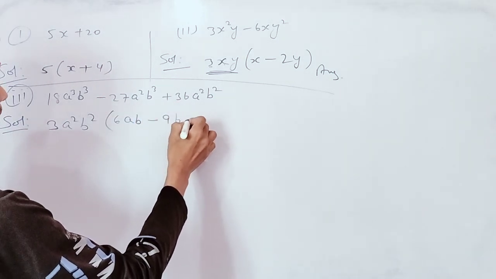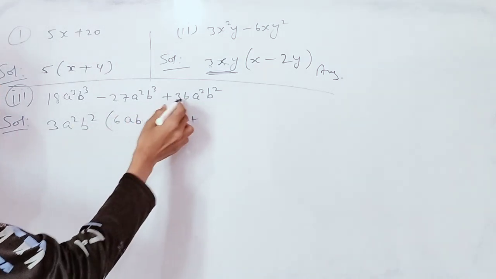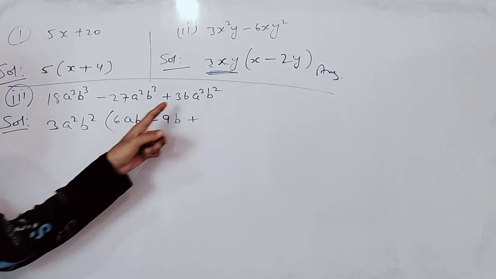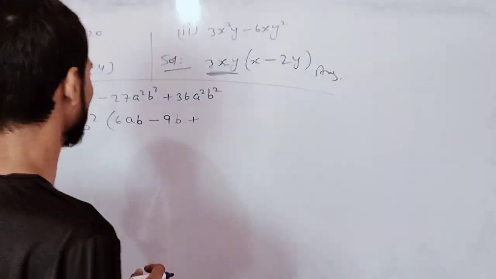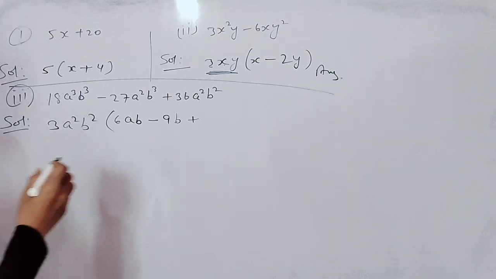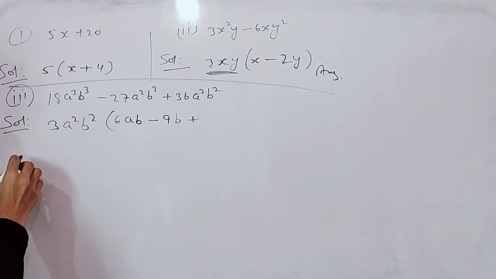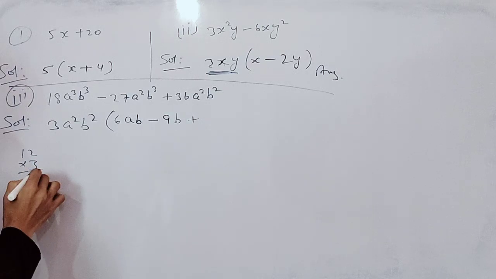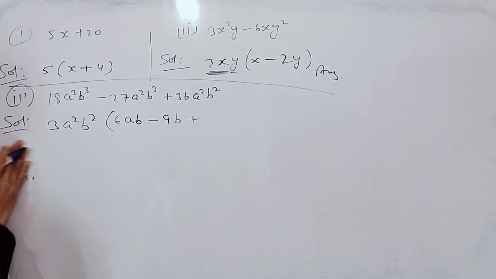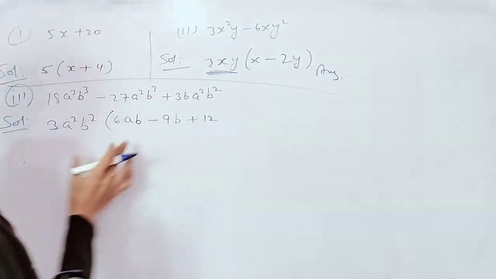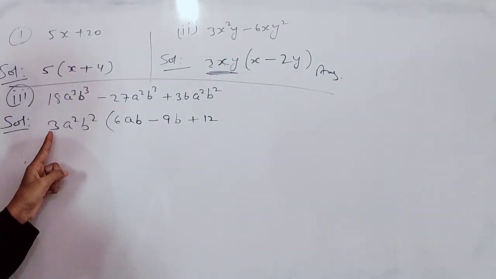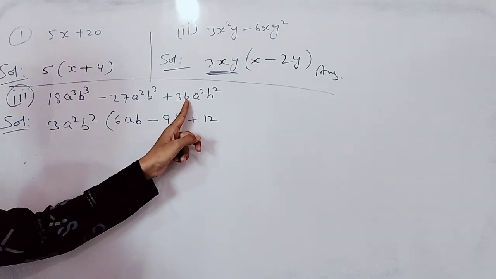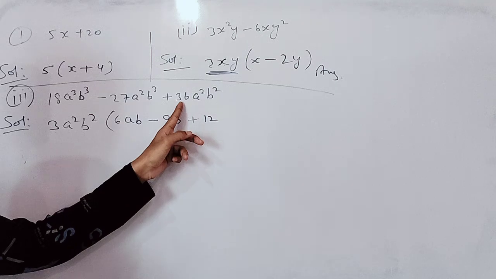Now it is clear. Next, I think it is a product of 12 multiple 3. Why did we write 12 here? Because when we multiply 3 by 12, then both will give us 36.